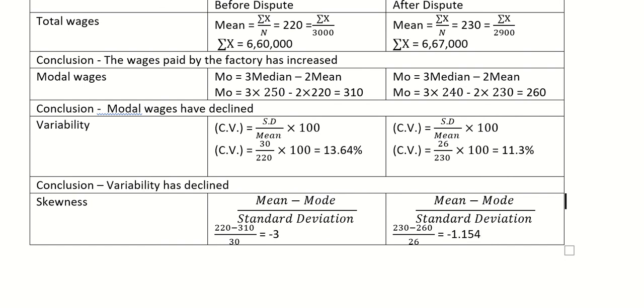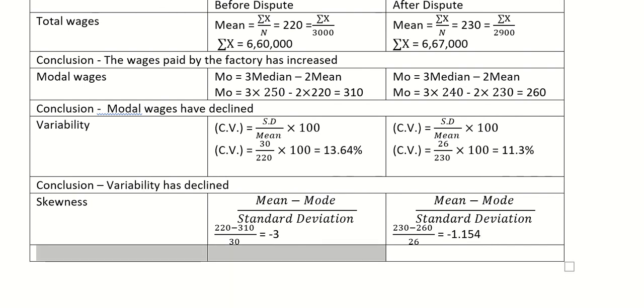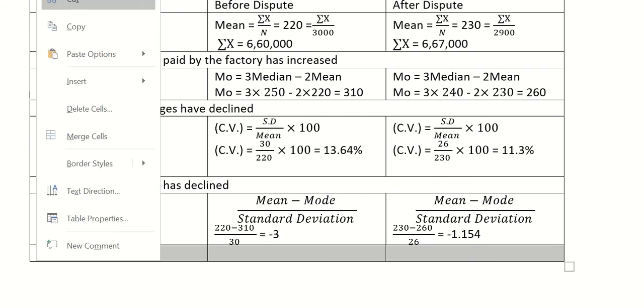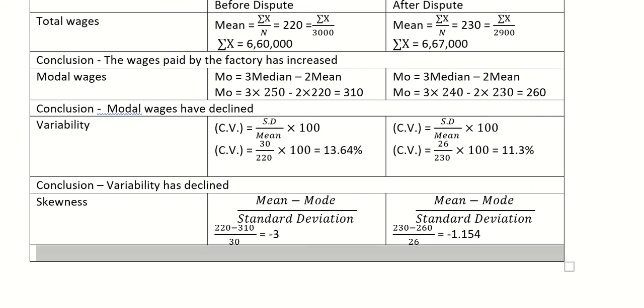So you can see that skewness is negative in both the cases, but the value has changed. What does it indicate? It indicates that skewness has decreased. Earlier it was -3 and now it is -1.154. So data is a bit less skewed. It is skewed but a bit less skewed. So this is what we have calculated.